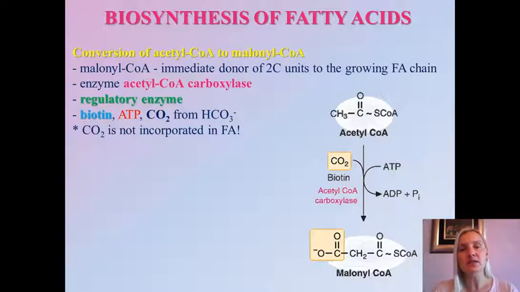First, carbon dioxide is attached to biotin to form a specific carboxybiotin enzyme substrate complex, and then with the involvement of ATP and its conversion to ADP, carbon dioxide is transferred from biotin to substrate, in this case to acetyl group, forming malonyl coenzyme A.